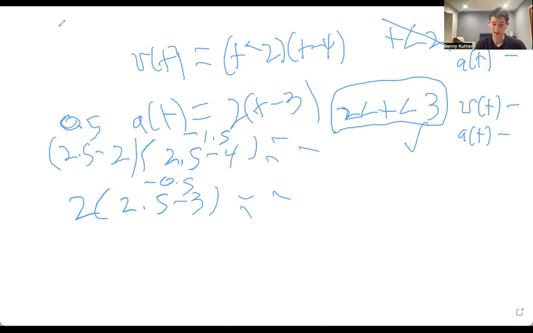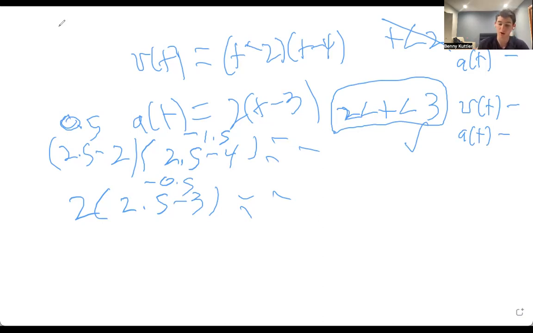And then now let's check between 3 and 4, because the acceleration changes signs at t equals 3, but the velocity function does not. So let's see what happens here.